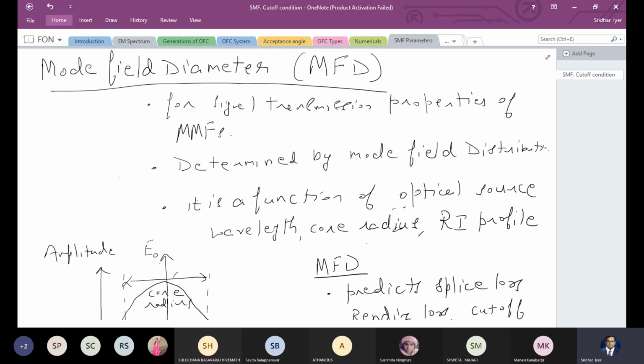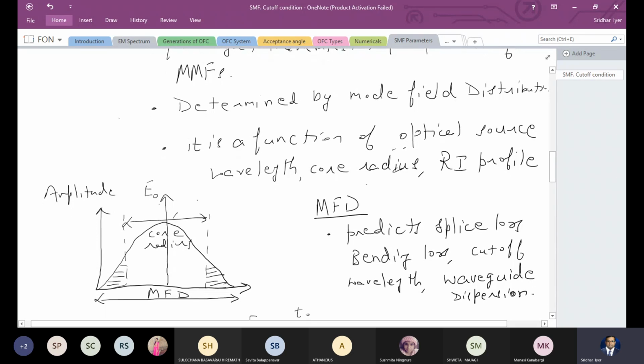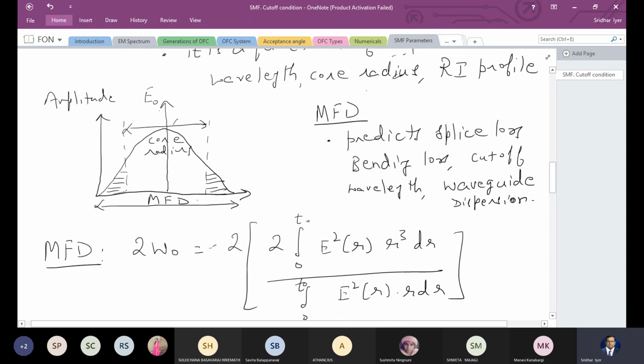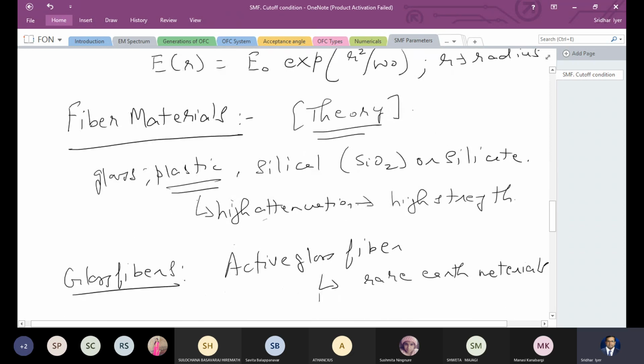We've not gone into the depth of deriving the formulas and other things, right? So we saw that this mode field diameter has a Gaussian shape, and it helps us in predicting various losses like bending loss, splice loss, and it also helps us in predicting dispersion, which we'll see in module 2, right? Then I gave you the important factors in fiber material.